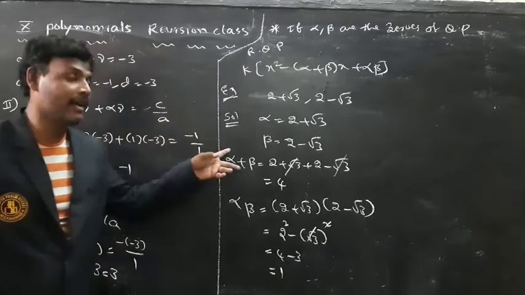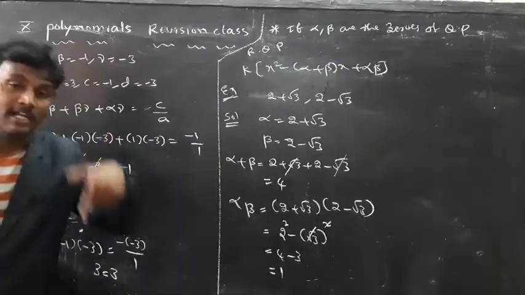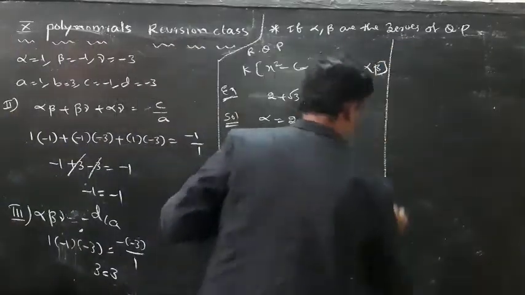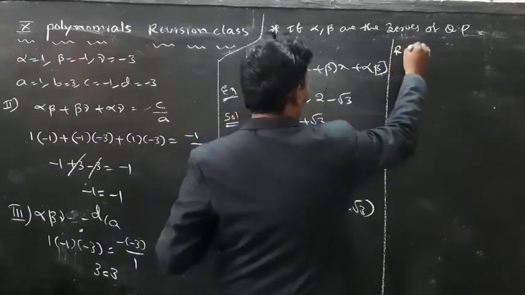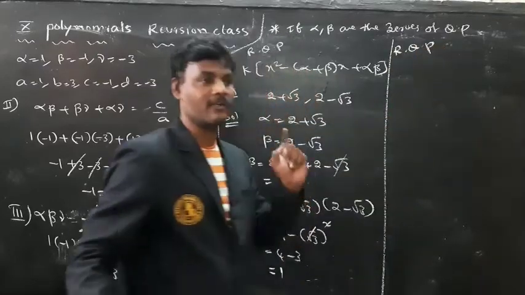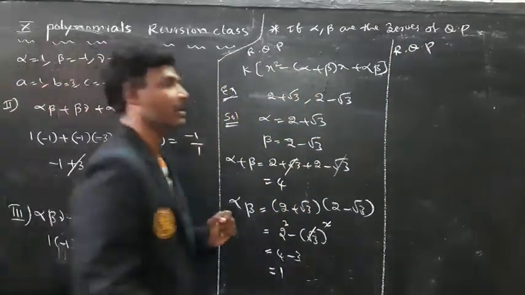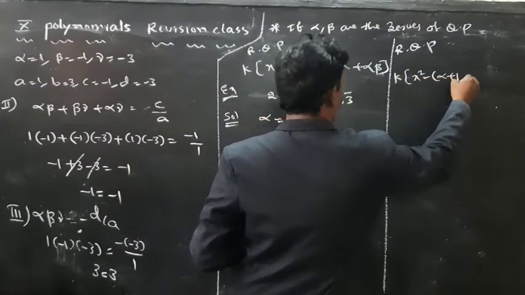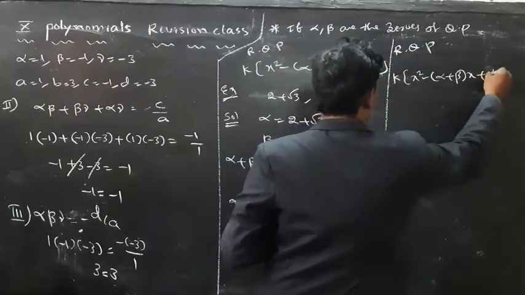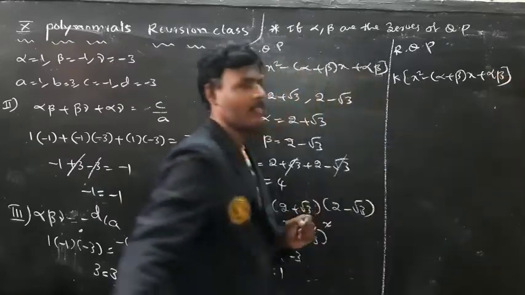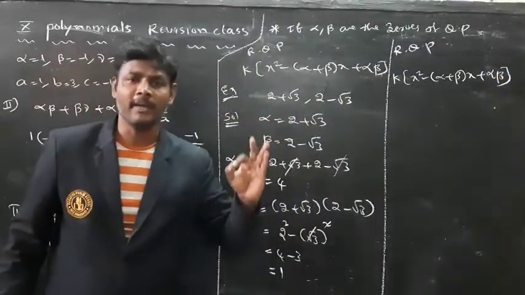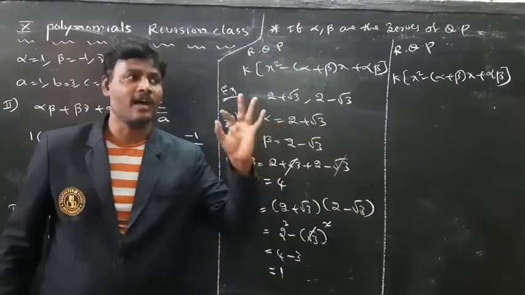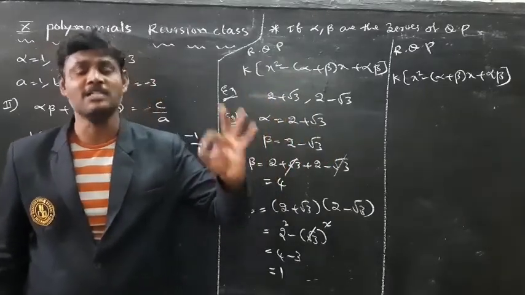Now I know the value of alpha plus beta and also the value of alpha beta. Required quadratic polynomial is k bracket x square minus alpha plus beta into x plus alpha beta.